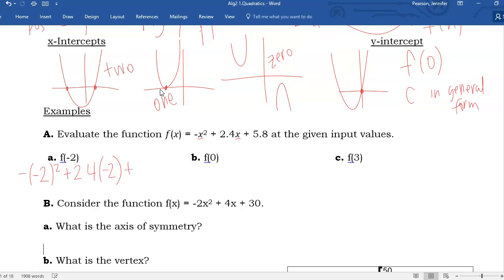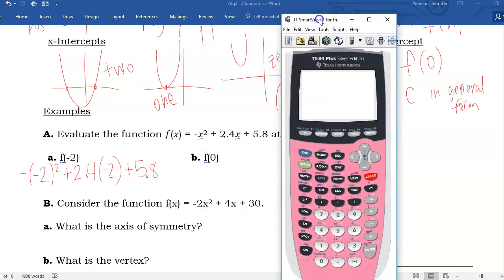If you have a calculator that knows order of operations, you can just type this entire expression in the calculator at one time. So let's see, I got this here. And I'm going to type in that equation.